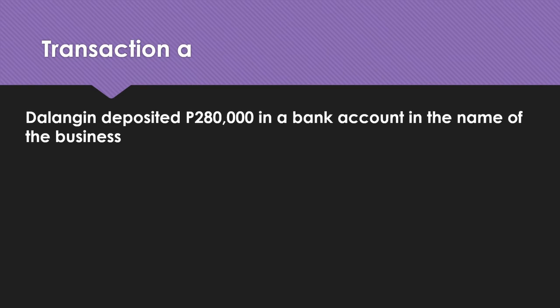Okay, transaction A. Dalangin deposited 280,000 in a bank account in the name of the business. So, what happened? He deposited cash. So, nag-increase ang cash in bank or cash ng business. Since cash increased and cash is an asset, you debit your cash.